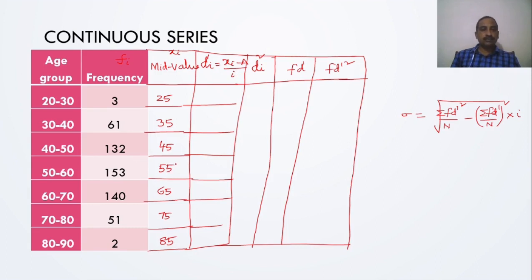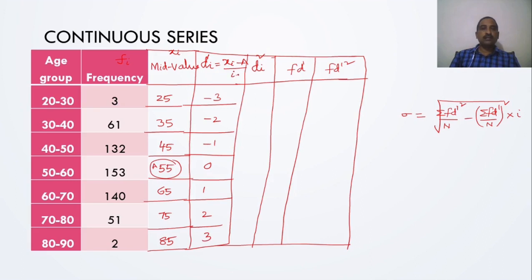So I have to take 55 as the assumed mean value A. That's why 25 minus 55, that is minus 30, minus 30 by 10 is minus 3. So minus 2, minus 1, 0, 1, 2, 3, right?